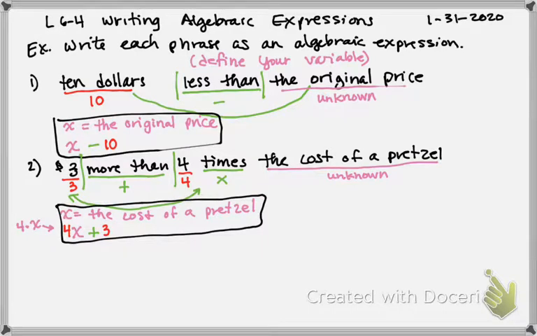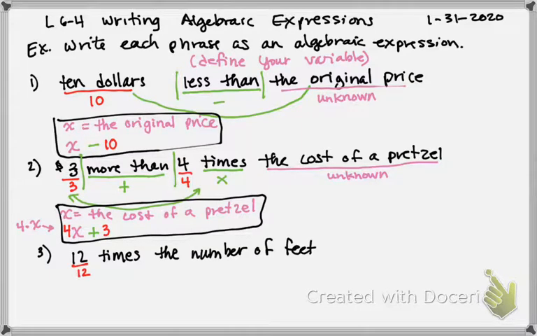We've got one more. 12 times the number of feet. Let's identify numbers. The easiest is 12. The word that means to multiply is times. Then we've got this blip I don't know, the number of feet.